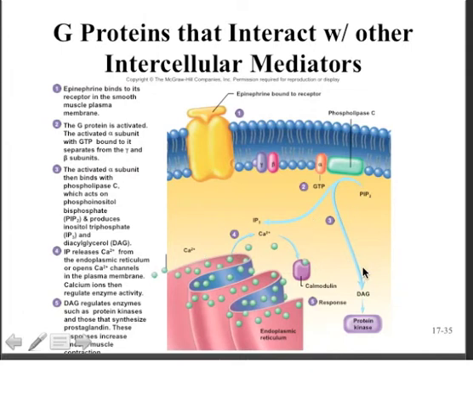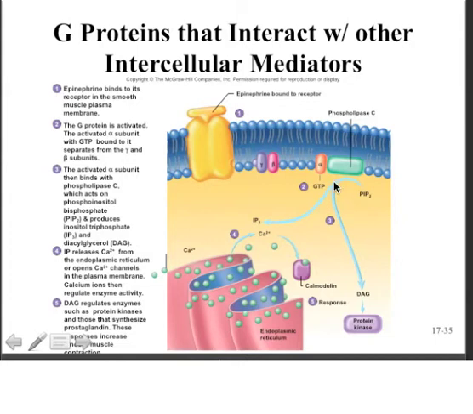Okay, but the bottom line again is that at each step, each participant in the cascade can activate more than one downstream target. Okay, so again, just to follow: hormone receptor binding, G protein activation, phospholipase C triggering production of PIP.